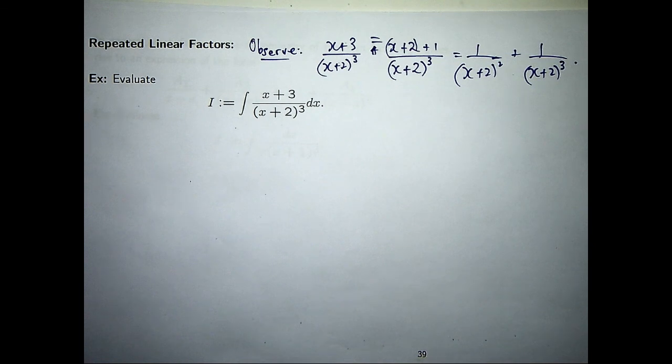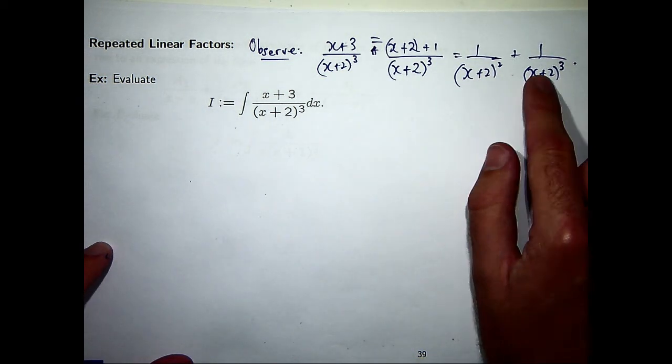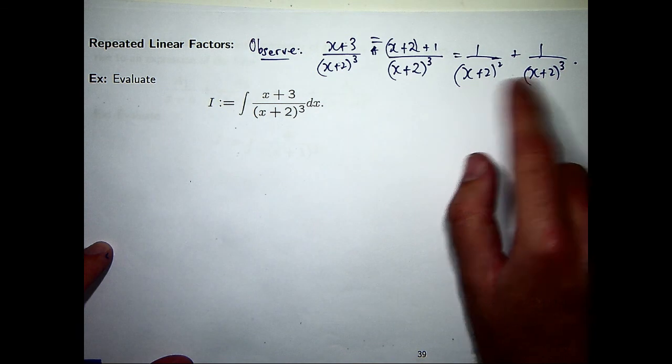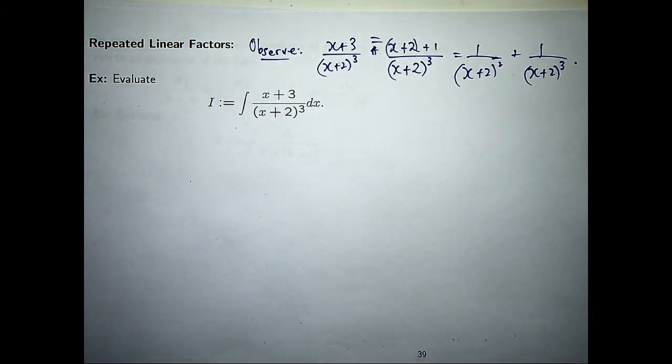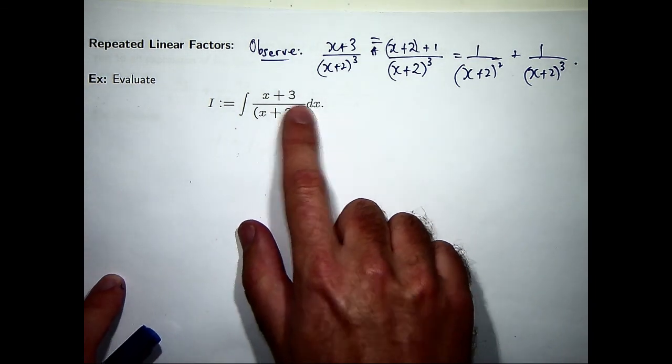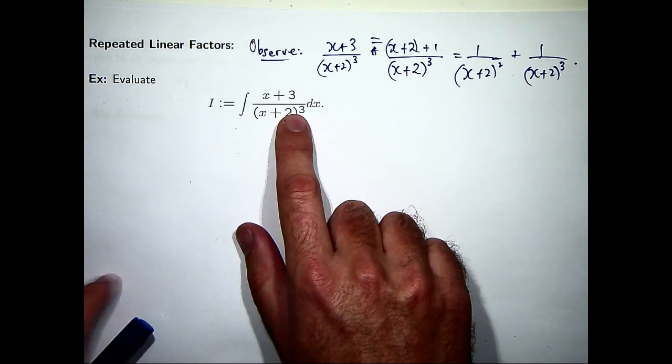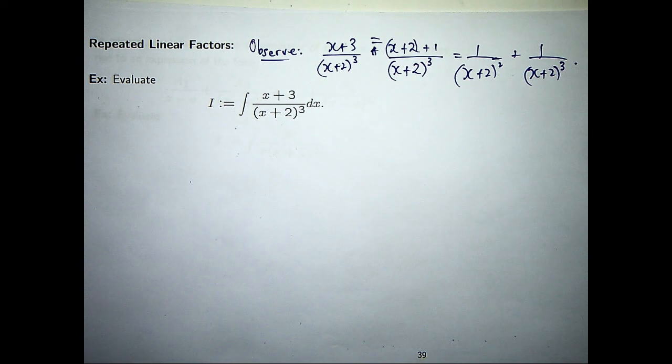This example is really designed to show you the setup for the decomposition of this repeated linear factor. So when we have this cube down the bottom, we say this has a repeated linear factor because x plus 2 is repeated 3 times. Well, I guess it's repeated twice, right?